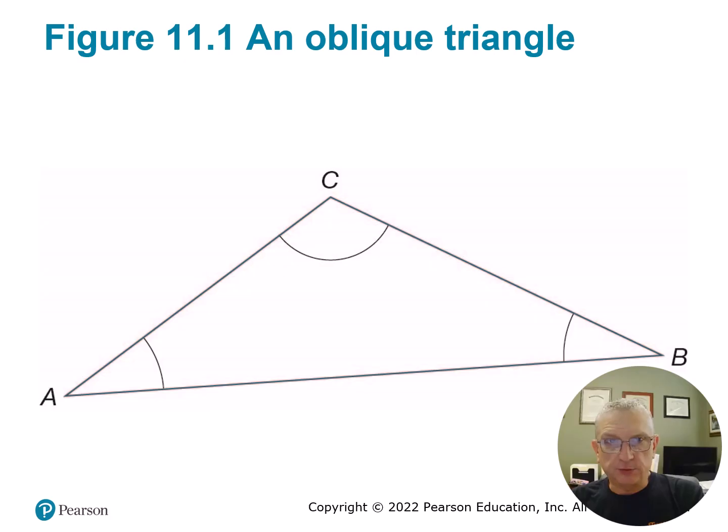Most everything is going to come back to something like this. This is illustrative. It's figure 11.1. It's an oblique triangle. This is basically what we do every day as land surveyors.